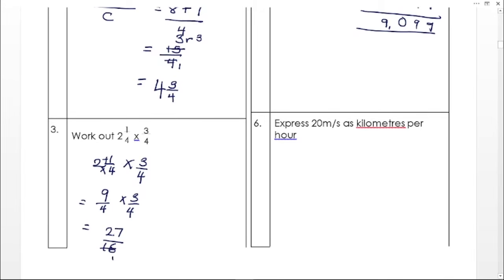How many 16s are in 27? We have 1 16, remainder 16. Now we come here and get the balance. 27 minus 16. What's the balance there? We have 1, then 2 take away 1, that is 1. So remainder 11. Therefore, we are having one whole number, 11 out of 16.